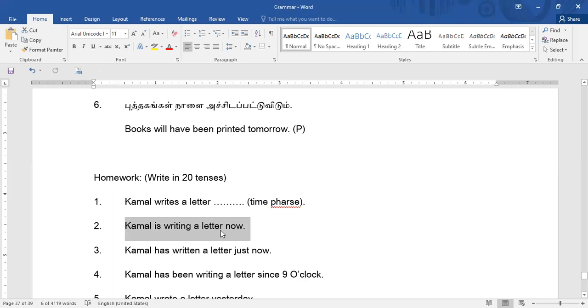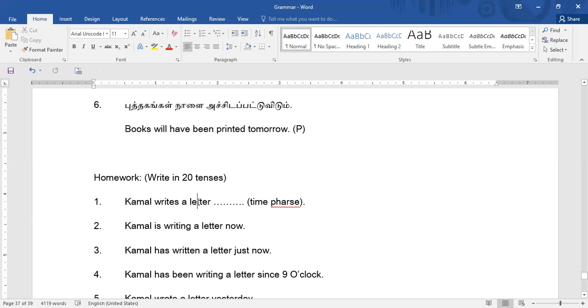Written is the verb form. Every verb form should be the past participle. It's continuous, so with is, another helping verb should be used. A letter is written by Kamal is the simple present passive.